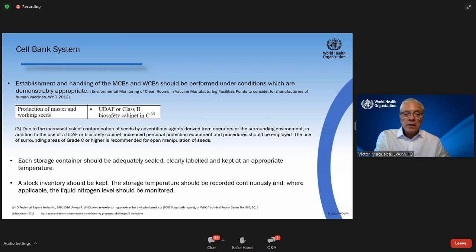Even the printing should usually be computer-based and legible. So all the requirements for data integrity are present here.